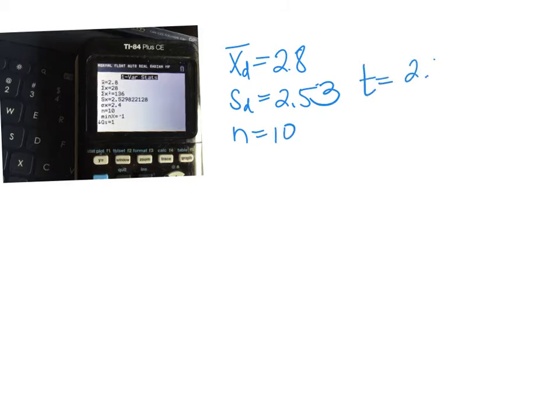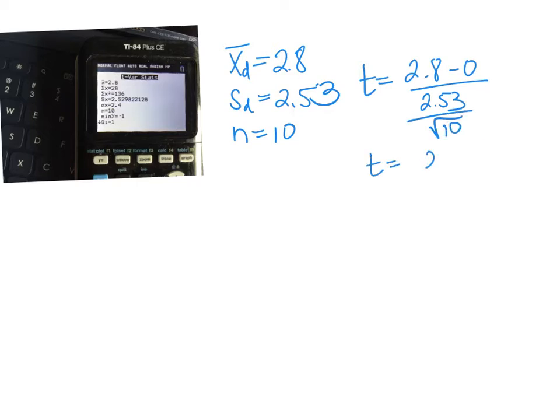So I have my x bar D, the mean of the differences, is 2.8. My standard deviation is 2.53, and n is 10. So my t is 2.8 minus 0, which the minus 0 was unnecessary, divided by 2.53 over the square root of 10.